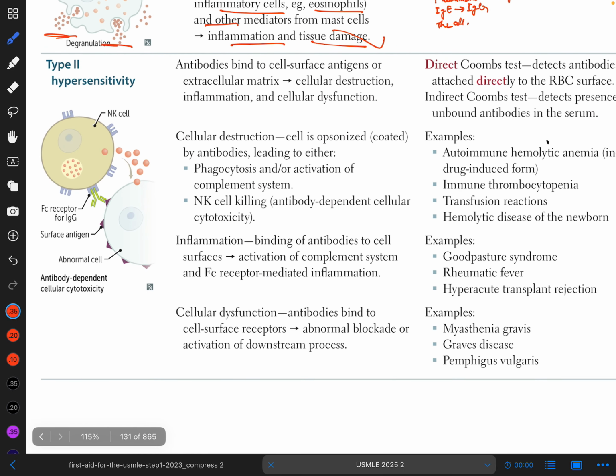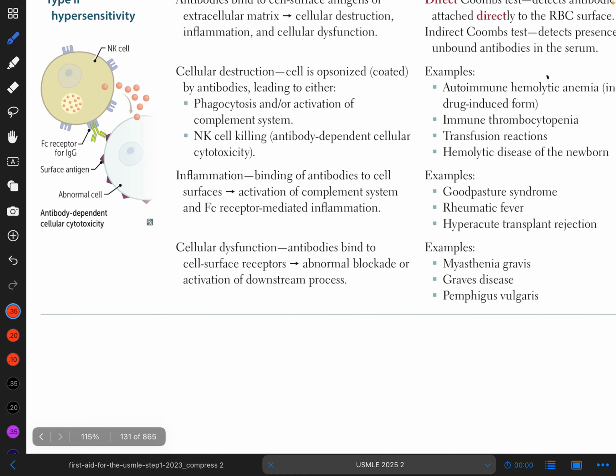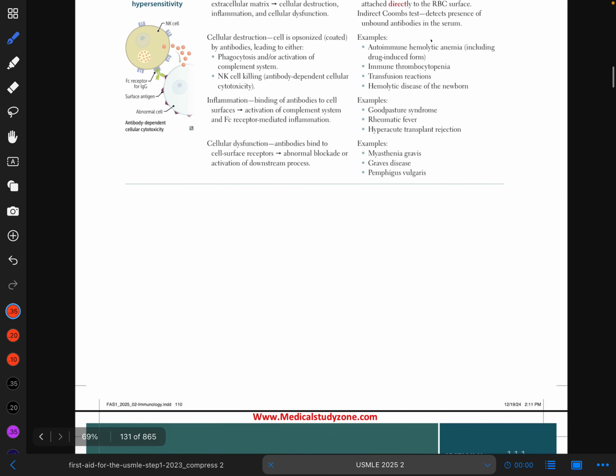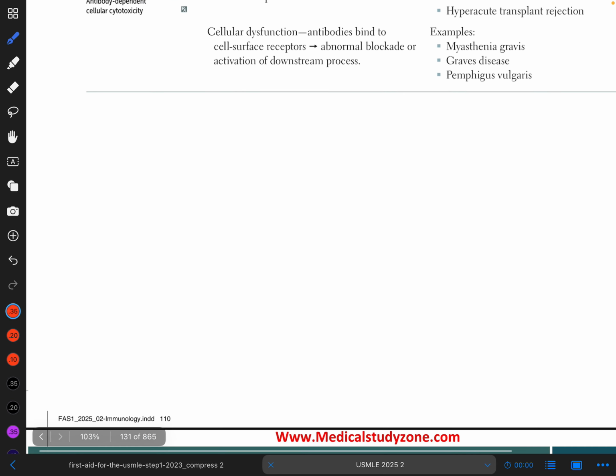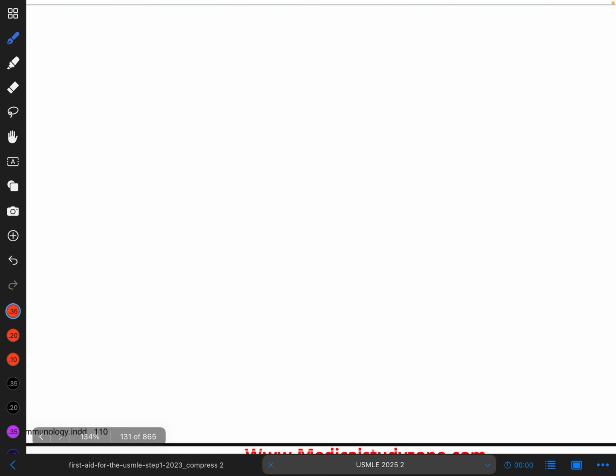Let's talk about type 2 hypersensitivity reaction. There will be antibodies, IgG or IgM, directly against tissue antigens.